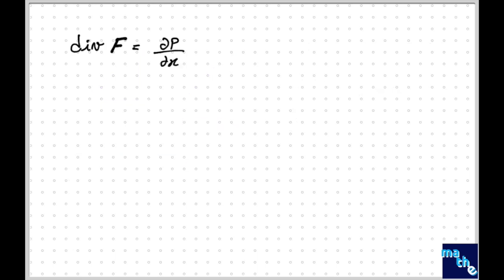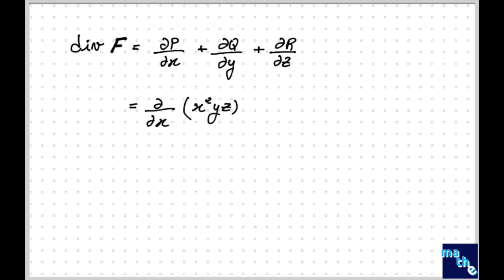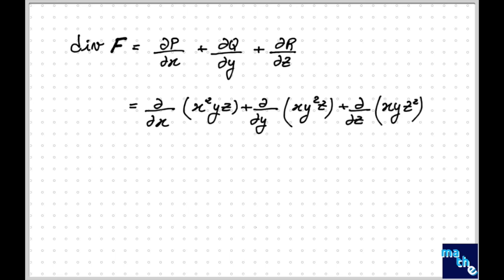First, we need to determine the divergence of f, and for that, we resort to the definition. So, we proceed to add the partial derivative with respect to x of x^2 yz, plus the partial derivative with respect to y of x y^2 z, plus the partial derivative with respect to z of x y z^2.